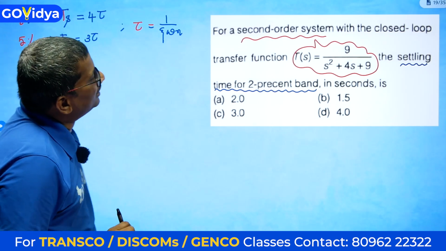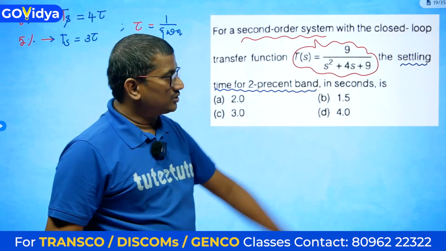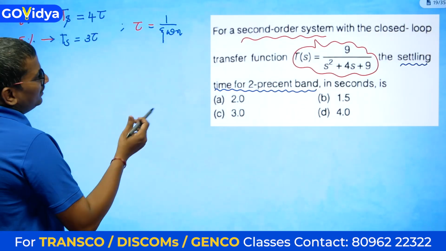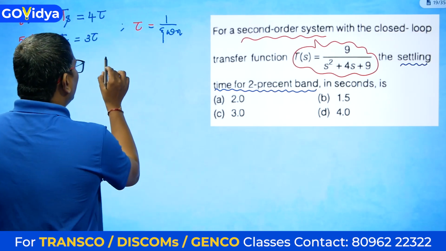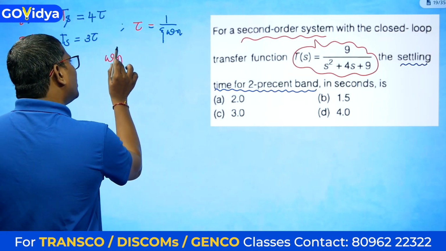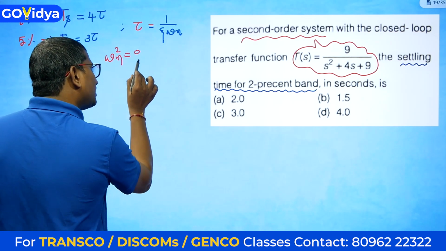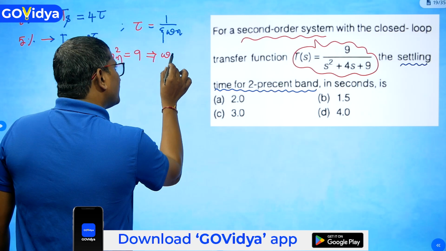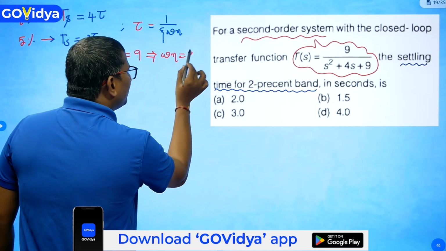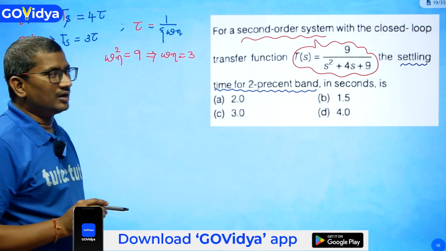So first we need to find omega n from this. By comparing with the standard representation of the second order system, omega n square is 9. From this, omega n is equal to 3 only, because it cannot be negative, right?